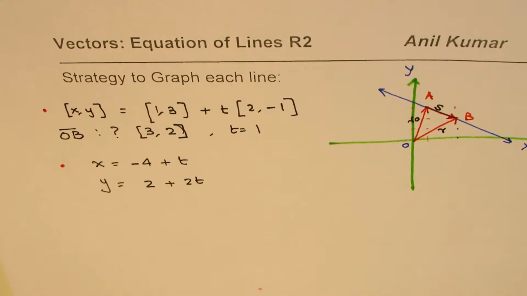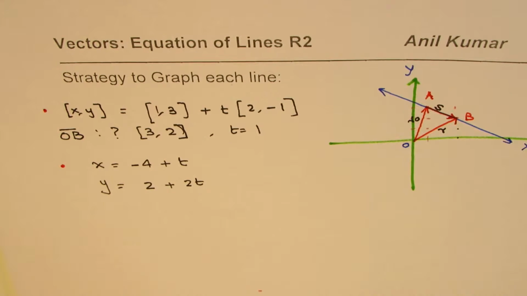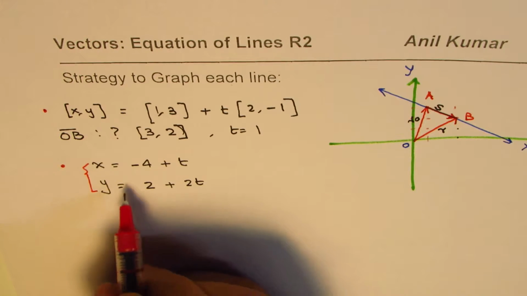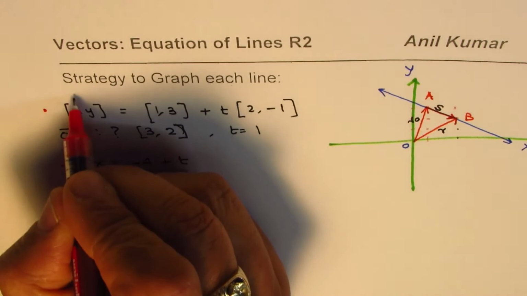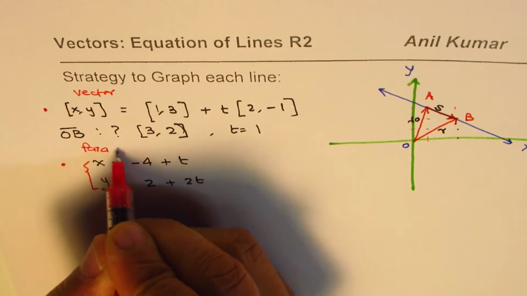Let this be the line. Now, if that is your equation, what form of equation is this? That is a set of equations, so we call this a parametric equation. We had the vector equation here, and this is parametric.